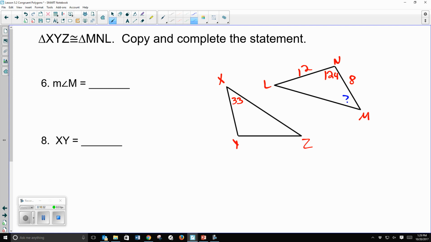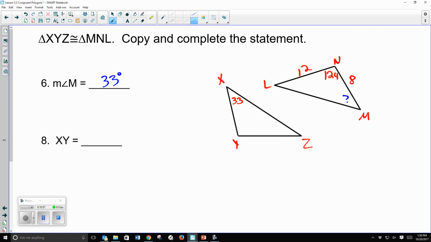If you look at M here in this statement, you can see which one matches. 33. So it's 33 degrees. See, these look alike. It's hard to know, does this angle go with this one or this one? It's pretty obvious it doesn't go with that one, but the other two look so similar. You have to look at the congruence statement to see what matches up with M.